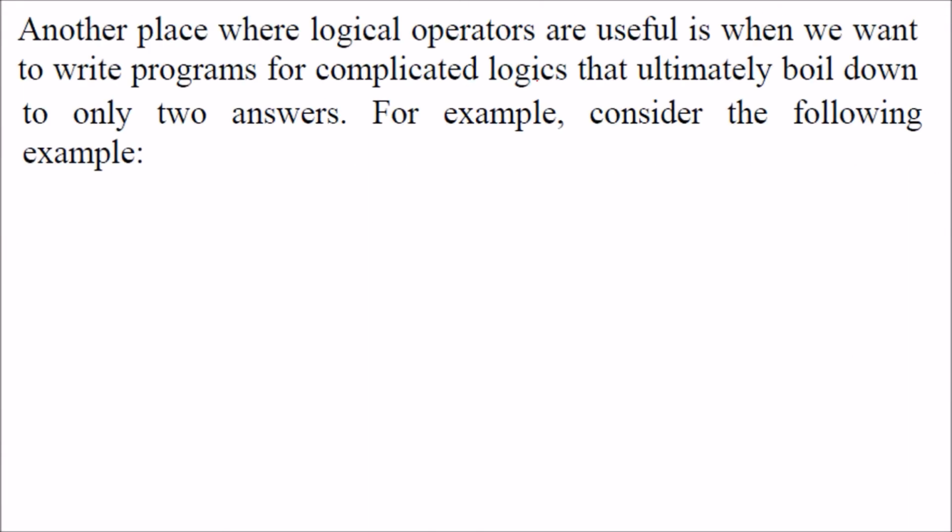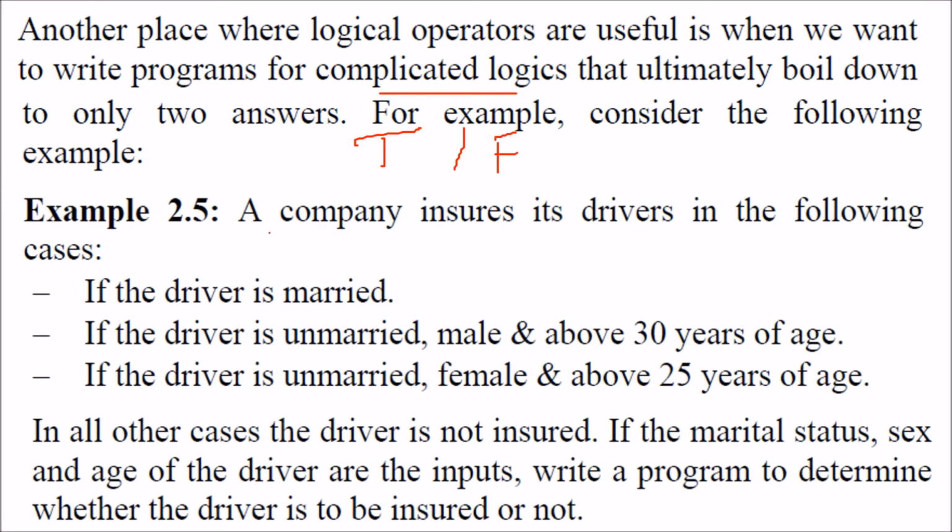There is another place where this logical operator can be very useful. We want to write programs for complicated logics and we have two answers, true or false. If it boils down to true or false, we can employ the logical operators. For example, we have a question: a company insures its drivers in the following case. Driver is unmarried, driver is married.